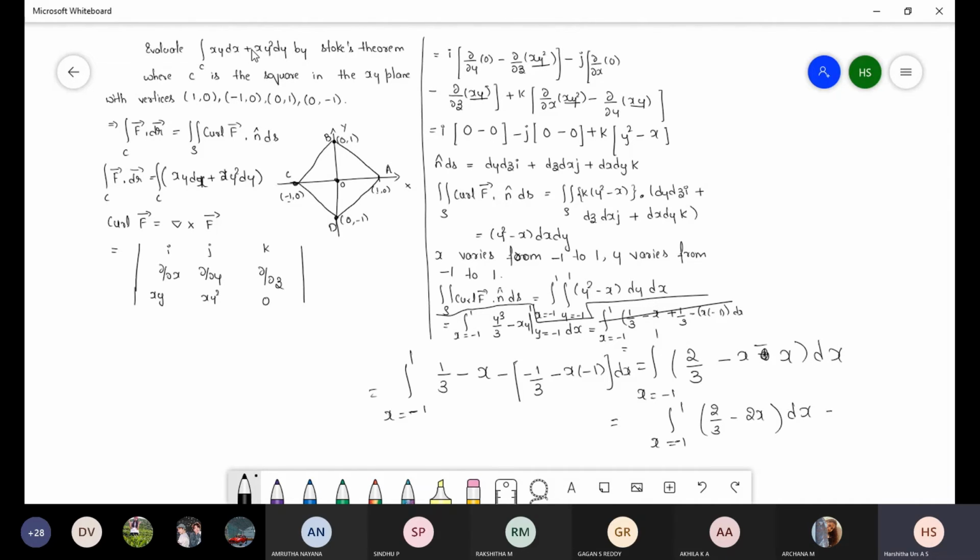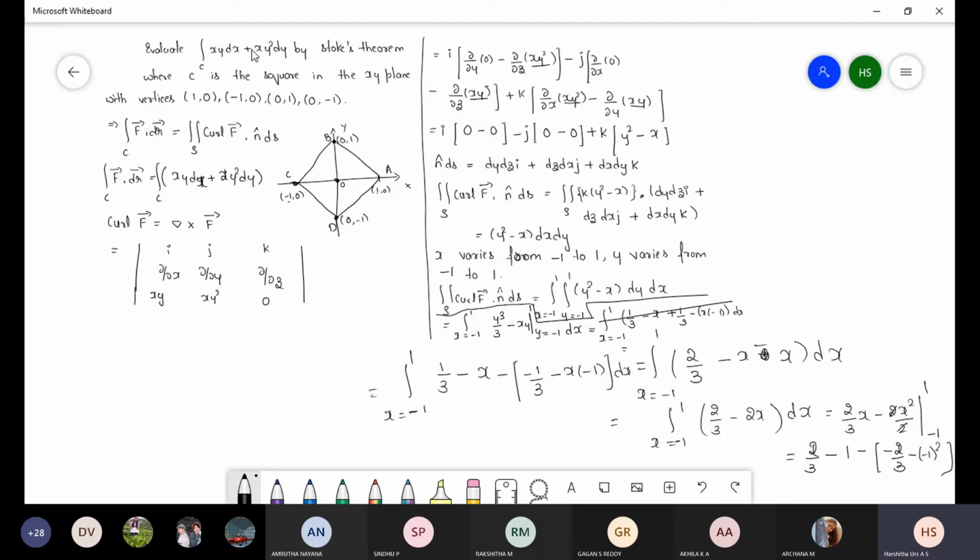So integration 2 by 3x minus 2x square divided by 2, from -1 to 1. So here 1 by 3, again minus 1. Lower limit minus, so here 2 by 3, again minus of minus 1 whole square.